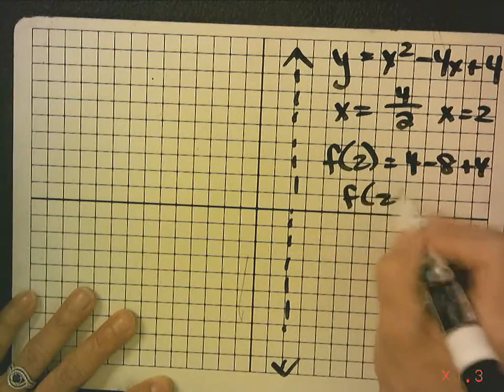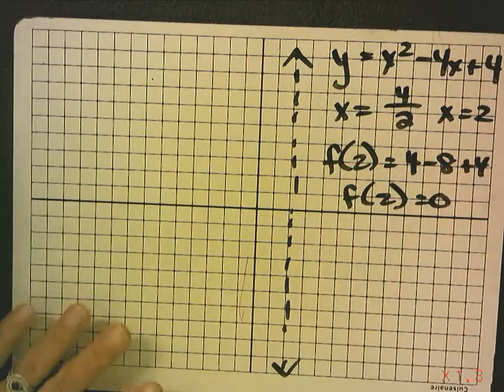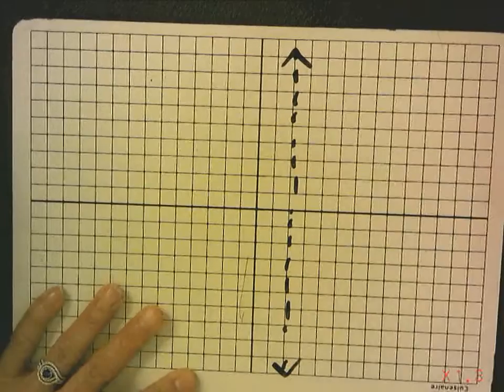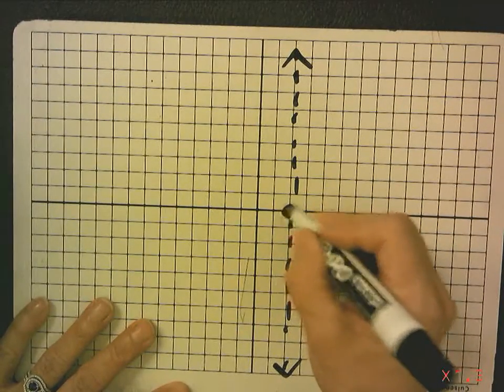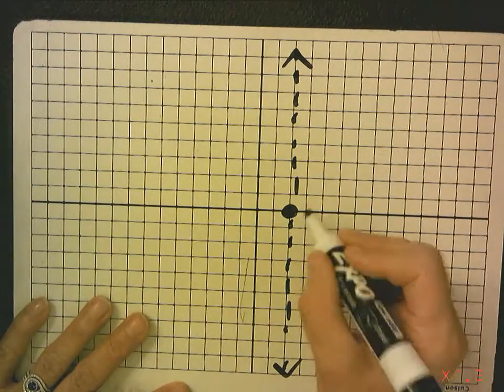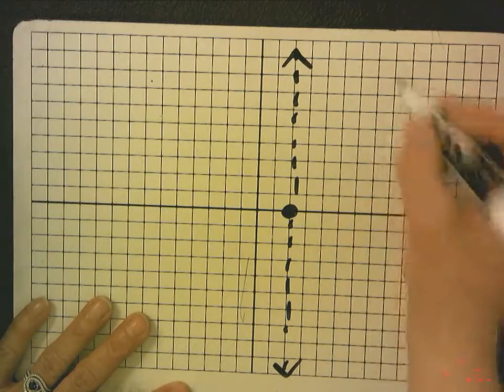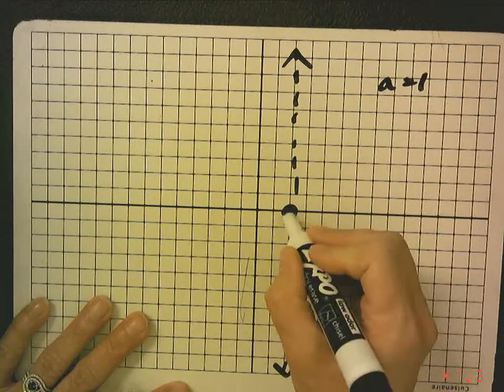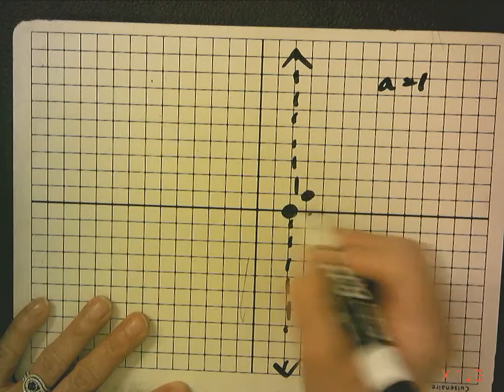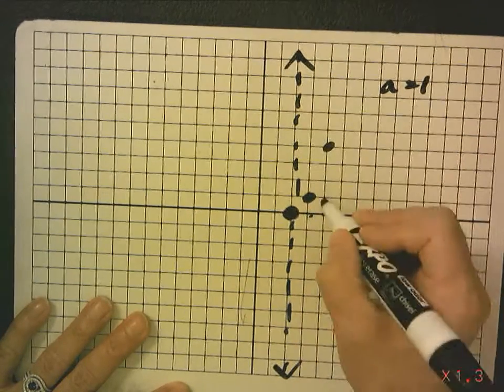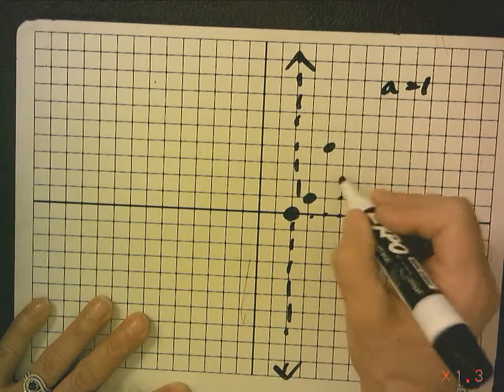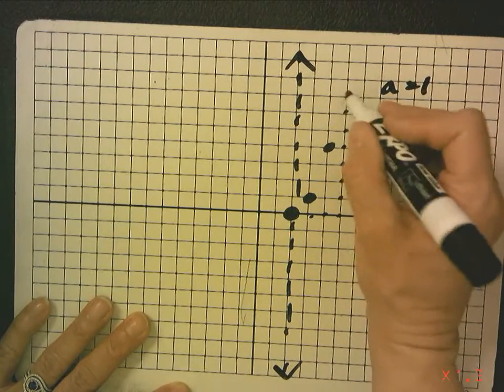So f of 2 equals 0. So that means my vertex is 2, 0. Now I'm going to use my shortcut method, and now a equals 1, so I just go over 1, up 1, over 2, up 4, over 3, up 1, 2, 3, 4, 5, 6, 7, 8, 9.